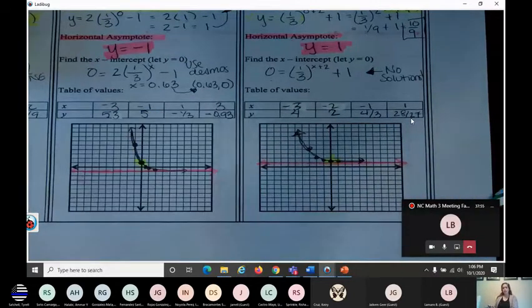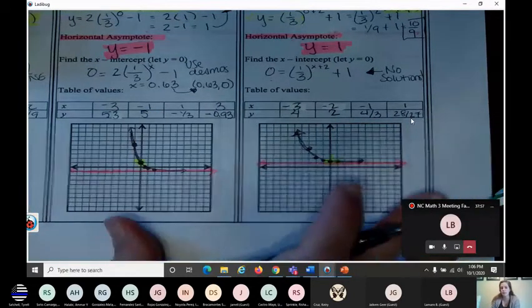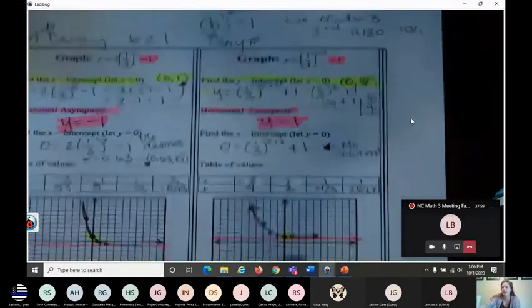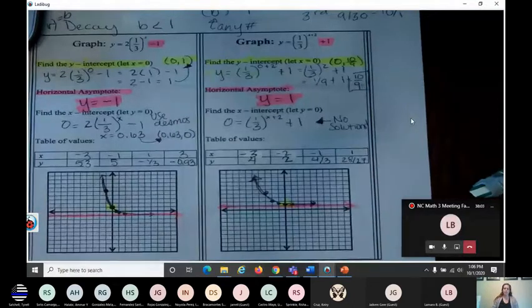All right. So this was the process for graphing that last exponential function. What questions do you guys have about that particular graph?